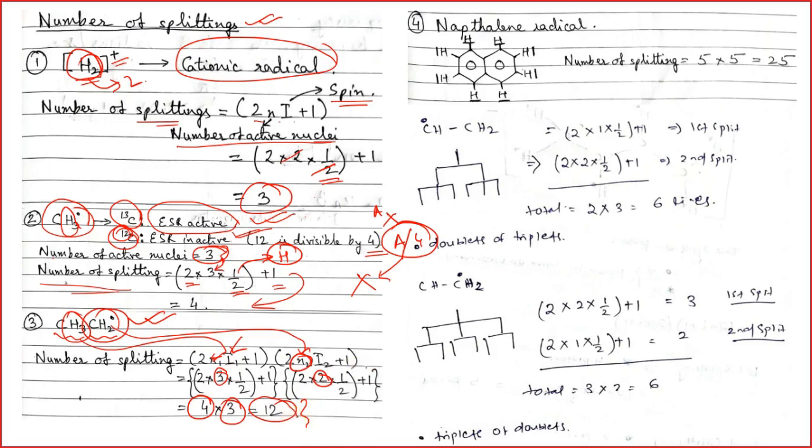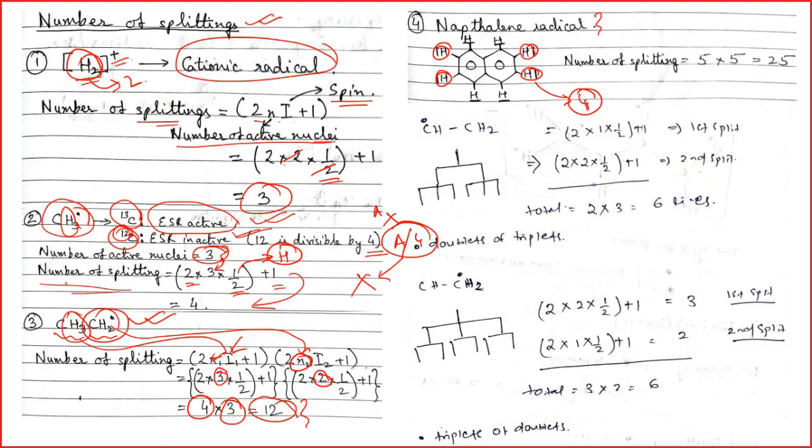Now let's talk about the naphthalene radical. In the case of the naphthalene radical, if you see 1, 2, 3 and 4, there are 4 hydrogen atoms facing a similar chemical environment.